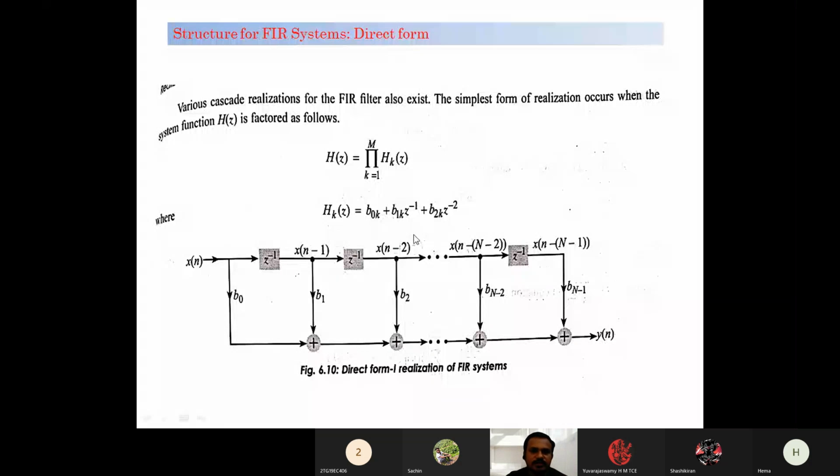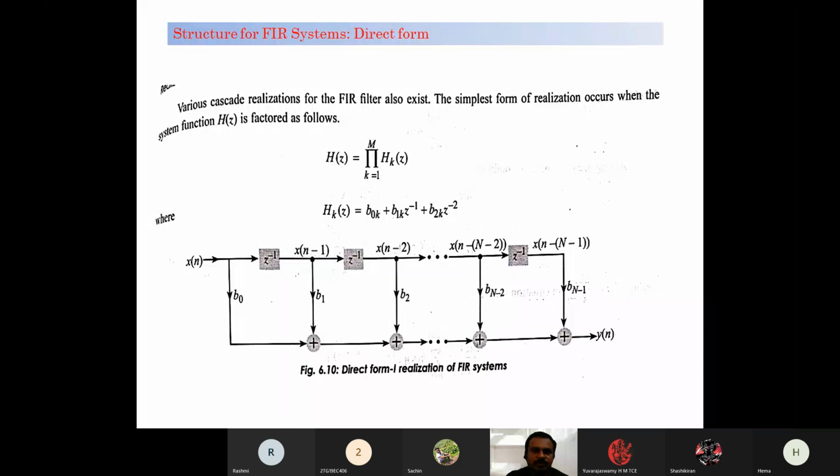Based on that equation, we go for the structure of the FIR system. Here we are going to have three types of structures: one is direct form, and cascaded and linear phase, as well as we have lattice structures.